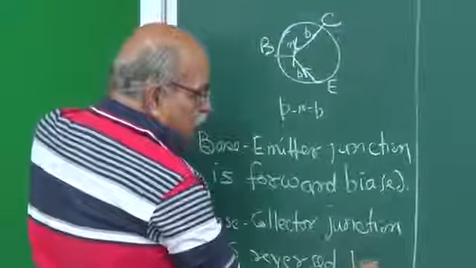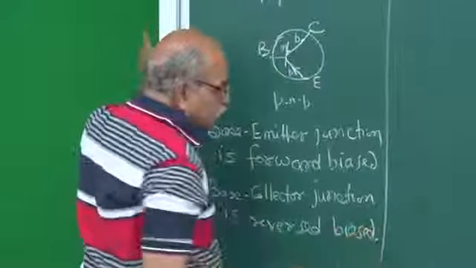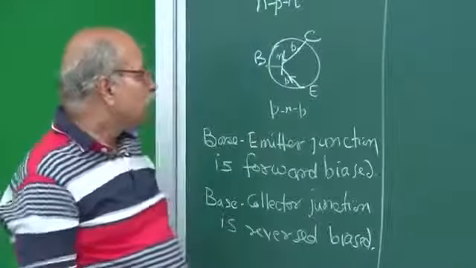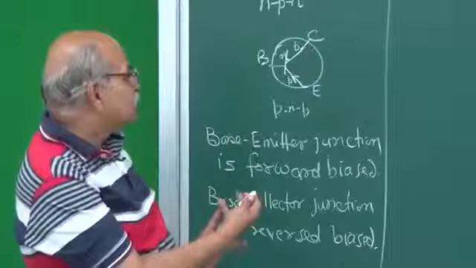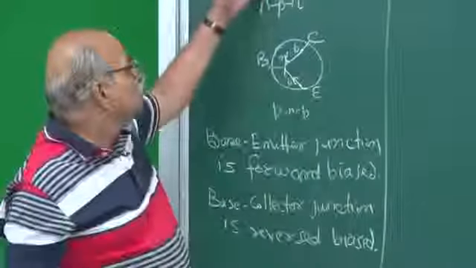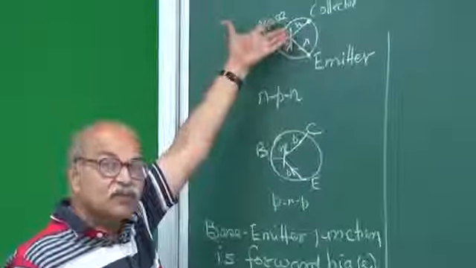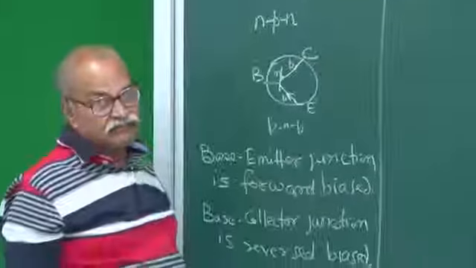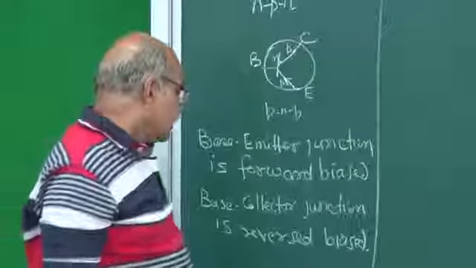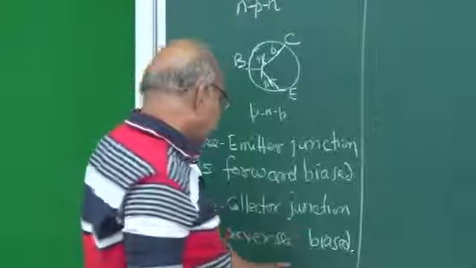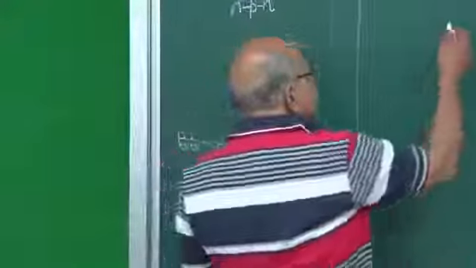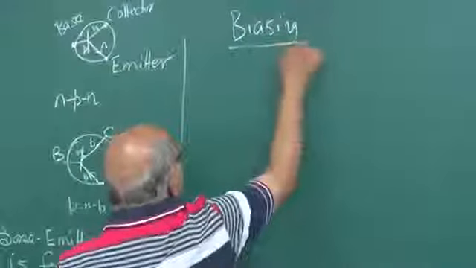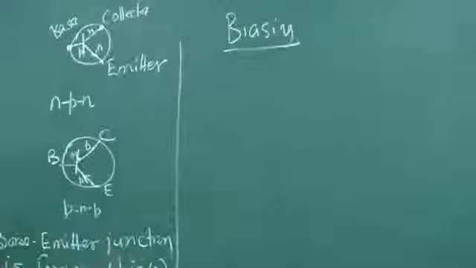I will just tell you why it is so, because the whole mechanism is based on this. So, how do I bias this transistor? There are two PN junctions, both have to be biased. One is to be forward biased and the other is reverse biased. That biasing in this fashion can be achieved in several manners.